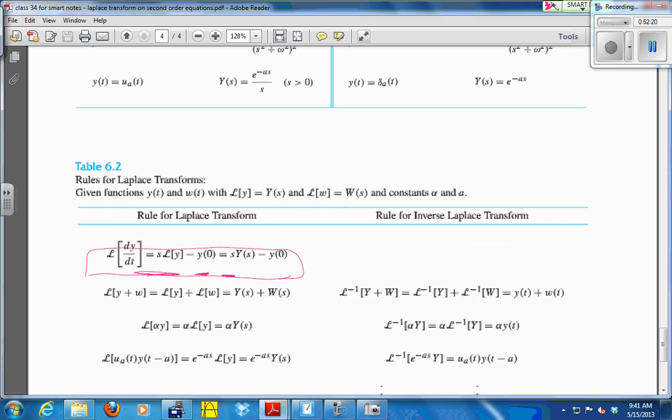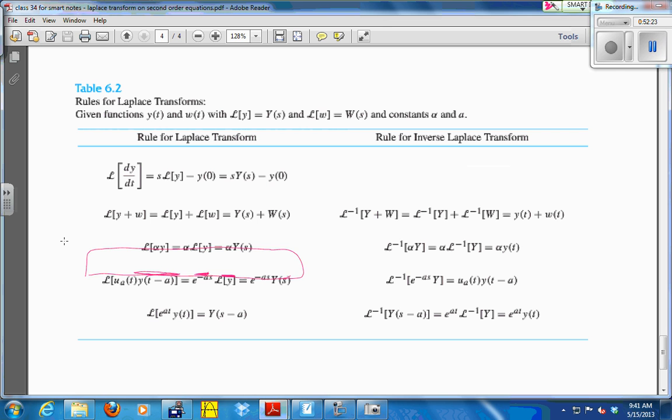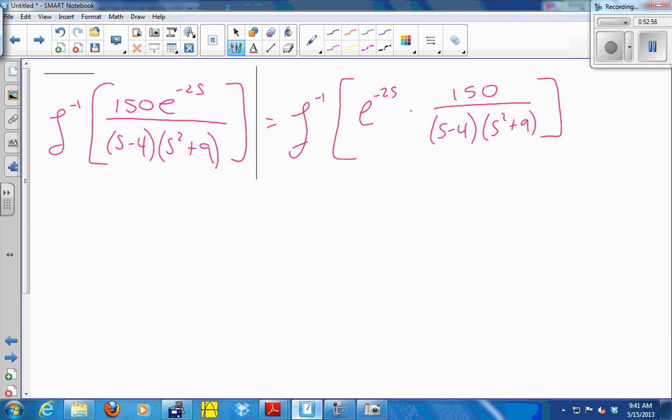In the inverse Laplace transform area, I have an entry for how to take the inverse Laplace transform of e to the negative as times some other transform. The e to the negative as transforms to a Heaviside, and then you have to take the inverse Laplace transform of what's left and do a shift t minus a. In this case, a is 2.